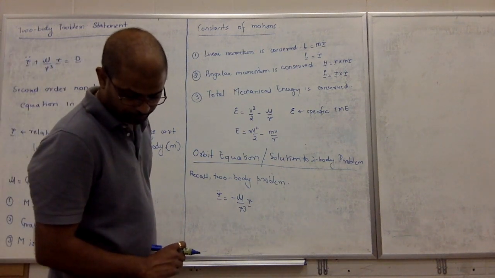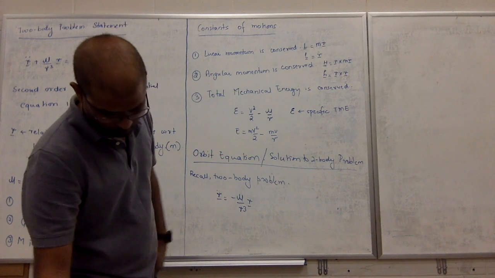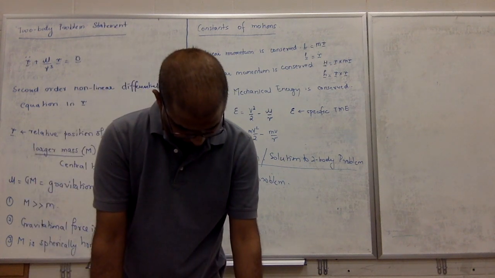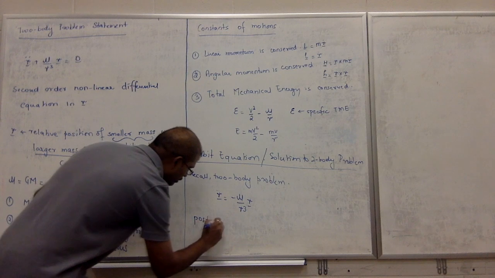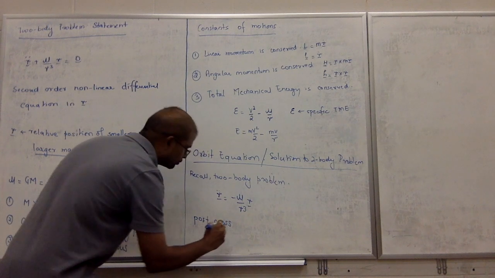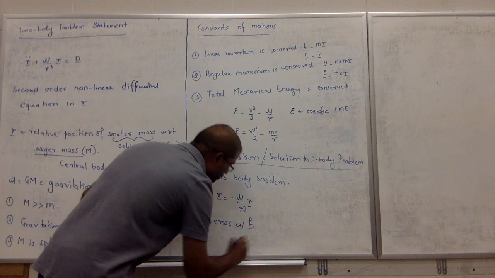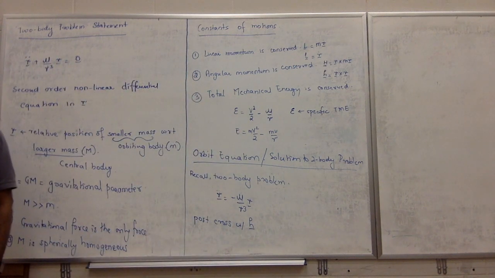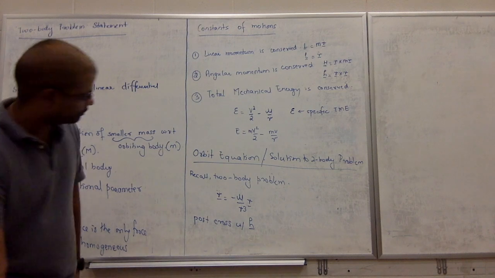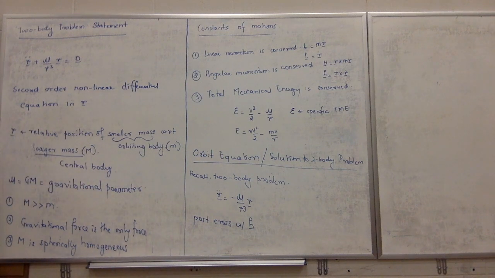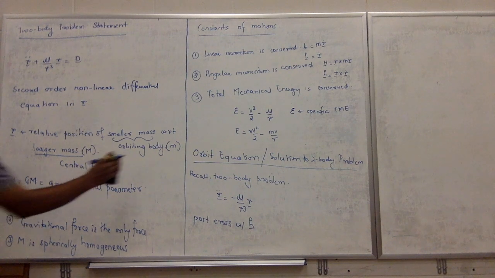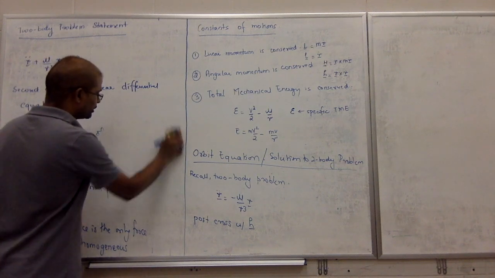What I'm going to do is post cross with vector h. What is h? Specific angular momentum.